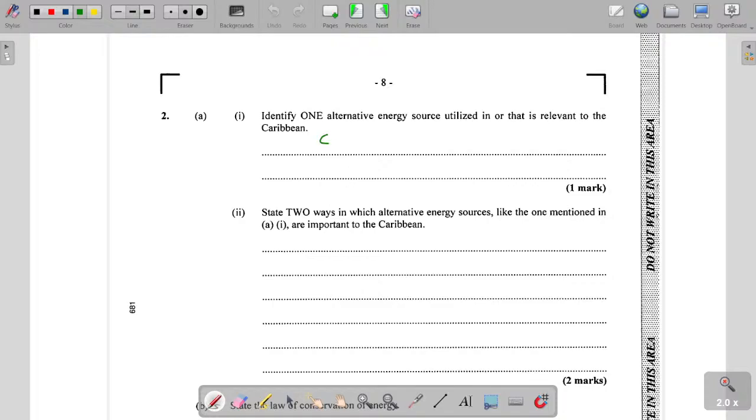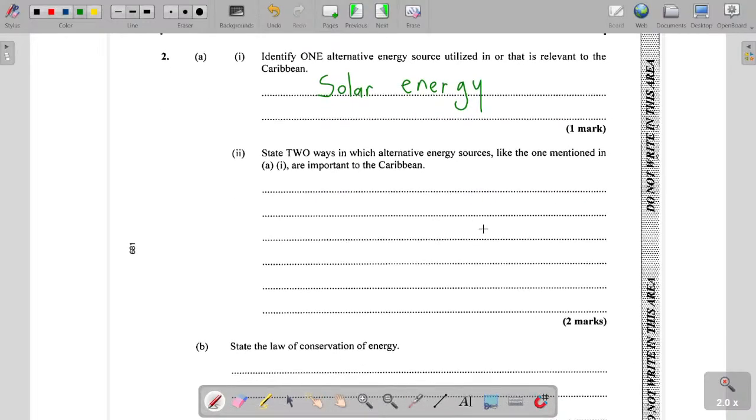So solar energy is an alternative source of energy that we use in the Caribbean because of our geographical position.